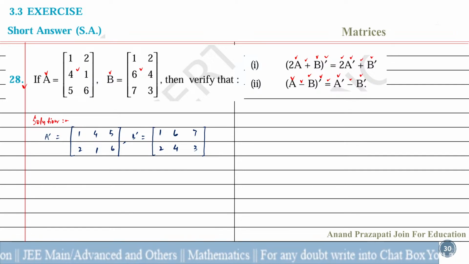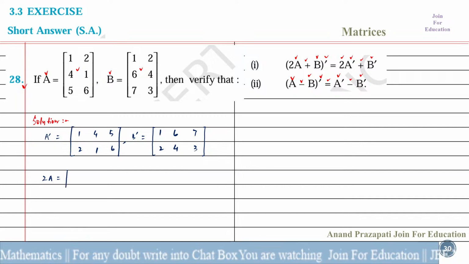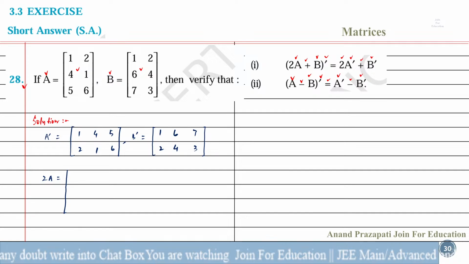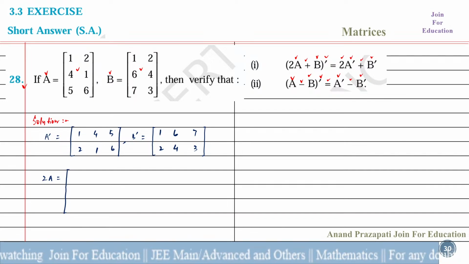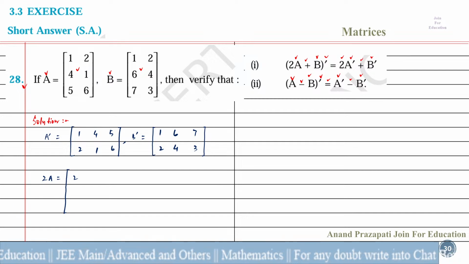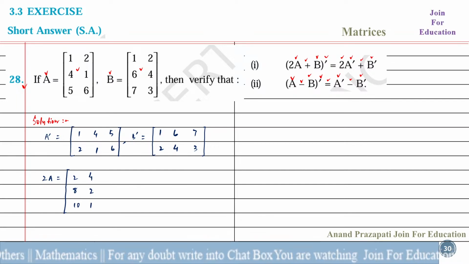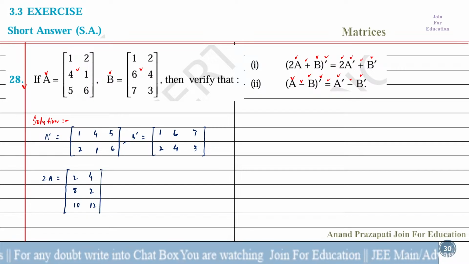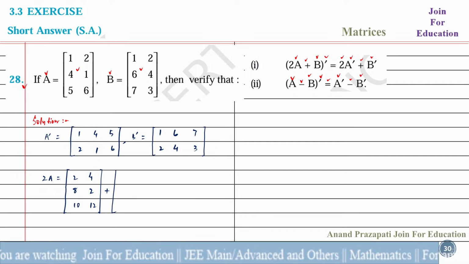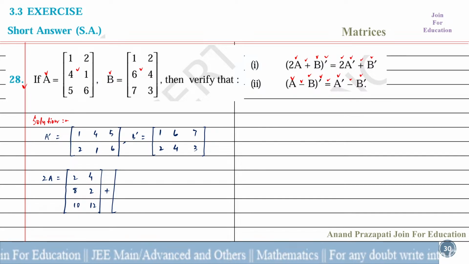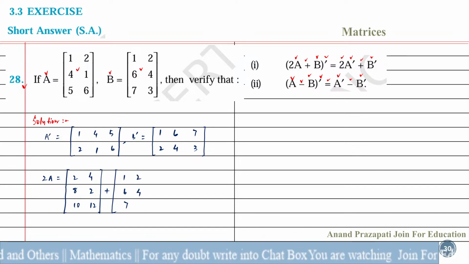Now we find out 2A plus B. So here 2A equal to multiplied each term by 2, then we get 2, 8, 10, 4, 2, 12 plus B equal to 1, 6, 7, 2, 4, 3.